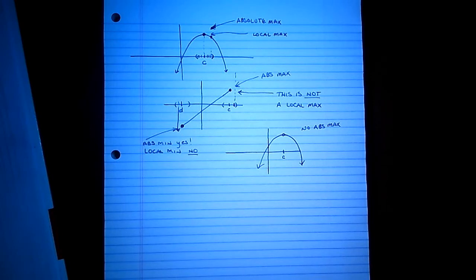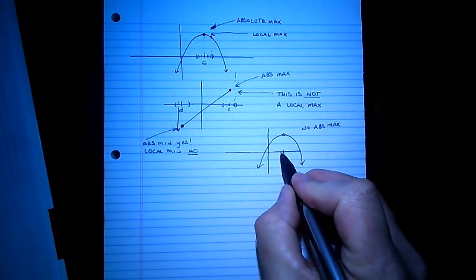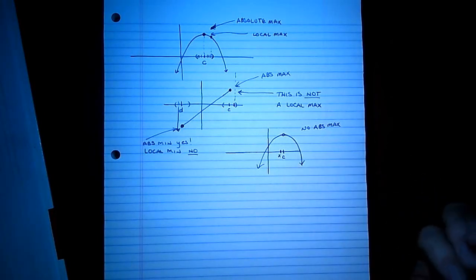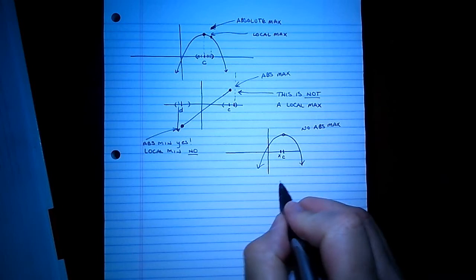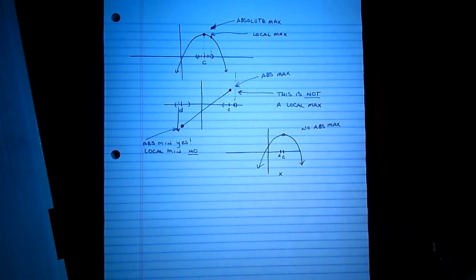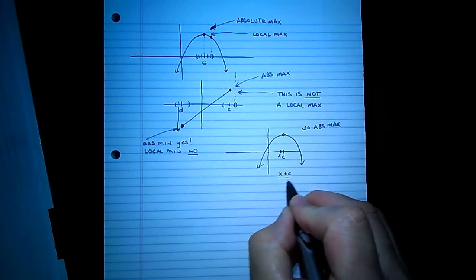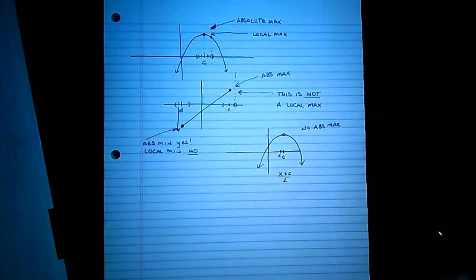Me being me, I'm going to take your x value, let's just call it x. I know that's not right next to c, but we're imagining here. I'm going to add it to c and divide by 2, and find a value between your value and c, and I'm going to say, what about the y value associated with that? And then you're going to say, okay, we'll use that one, and of course we can play this game forever.